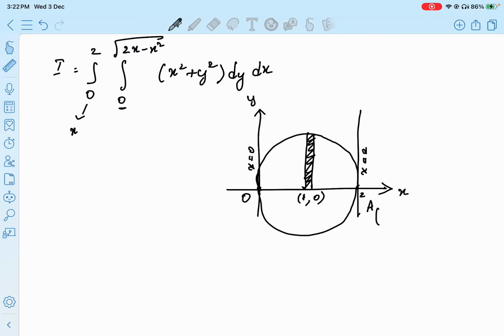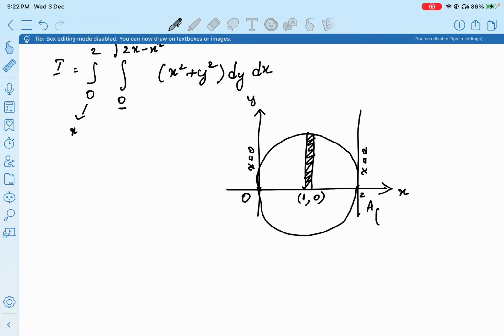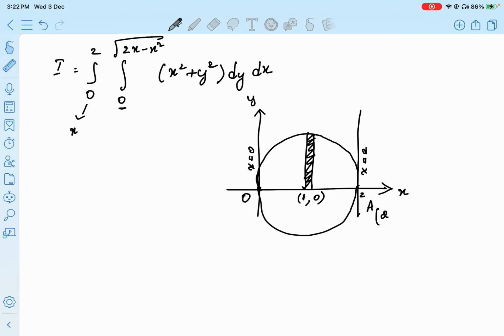Here we have 2 as the diameter, x equal to 2. So I am going to mark this point as A. So x is 2 and y is 0 here. On this point x and y meet at 0, and this point is our y equal to root of 2x minus x square. This point is B.